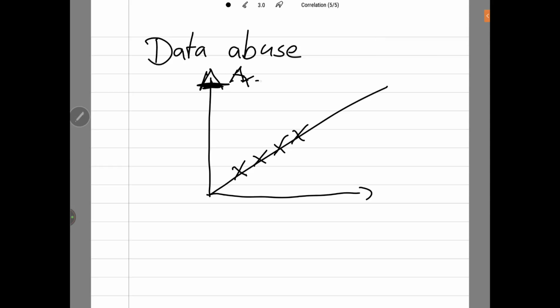So I just simply go over here, or just extend that a little bit, and then measure, oh yeah, that's my Cx here. Right? This is what a typical data abuser would do.